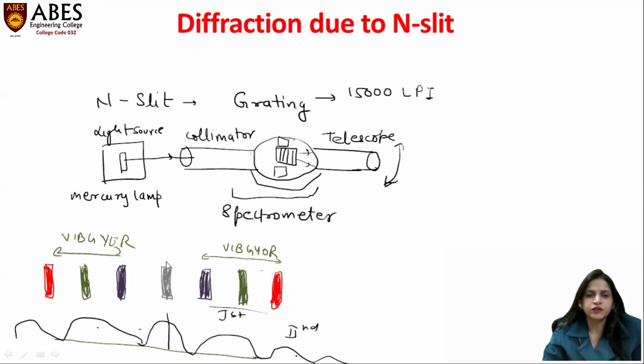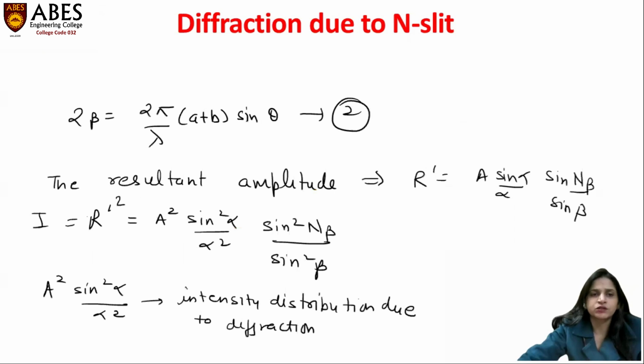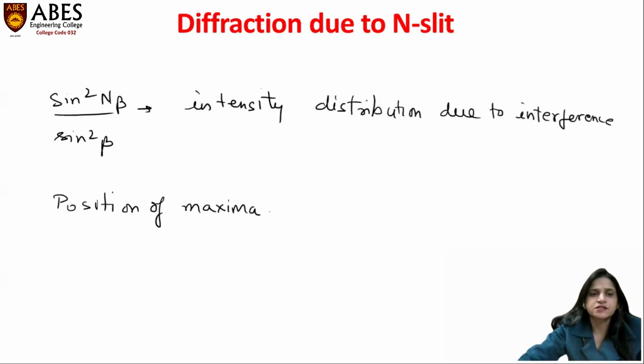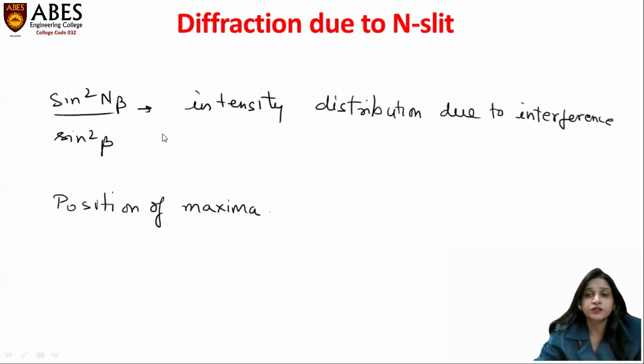So now we are going to calculate the positions at which all these maxima are forming. Theoretically, we calculated the path difference, the phase difference, resultant amplitude and intensity. And we saw that in the intensity equation there were two terms. One term was showing diffraction, the other term was showing interference, due to which the Vibgyor was forming.